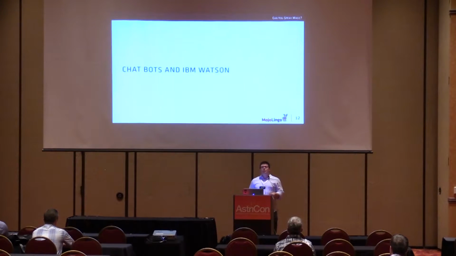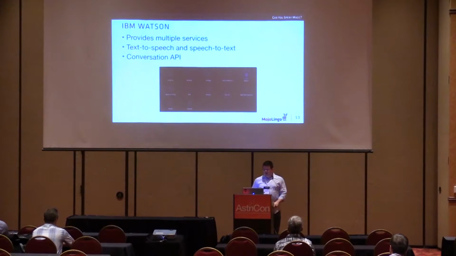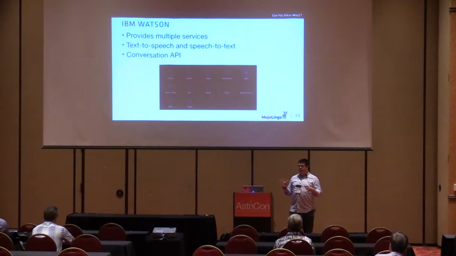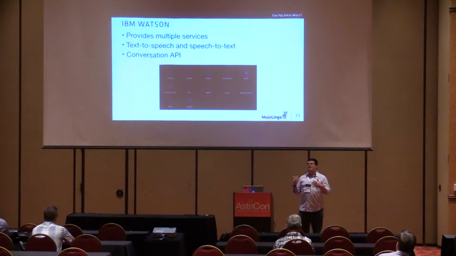So what we're talking about today is chatbots and IBM Watson. You know what IBM Watson is, but just as a refresher, it's the umbrella under which IBM is grouping a bunch of services they either acquired or developed in-house. Watson is the area where they're grouping all the speech-to-text, text-to-speech, and contextual analysis, meaning analysis, sentiment analysis.